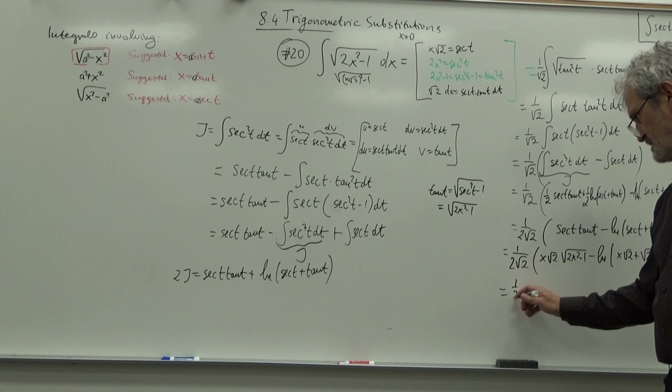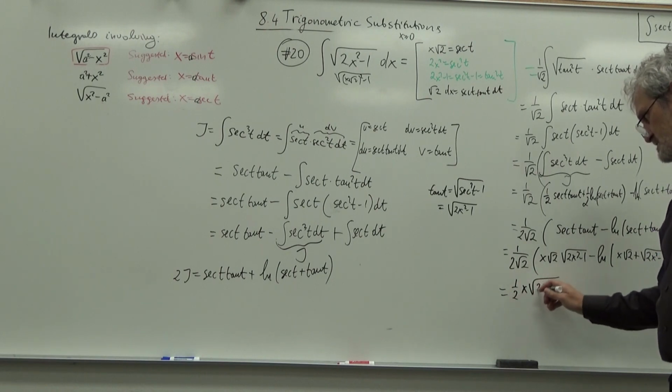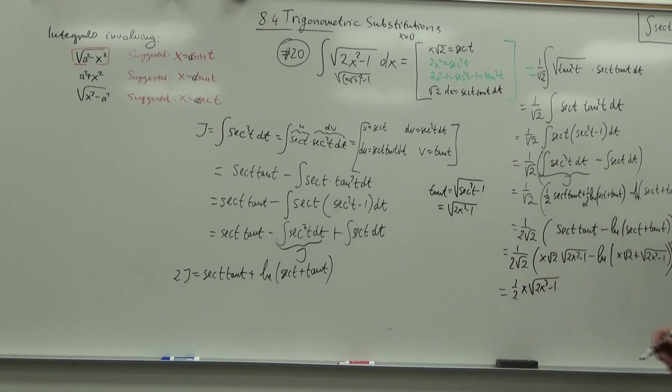So we get 1/2 x square root of 2x squared minus 1 minus 1 over 2 root 2 ln x root 2 plus square root of 2x squared minus 1 plus C.